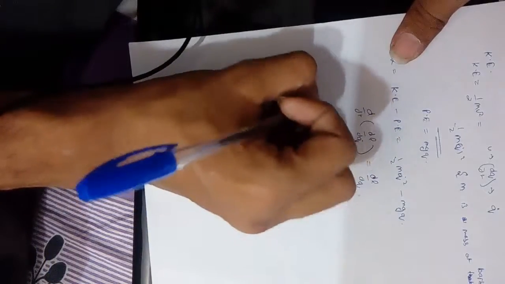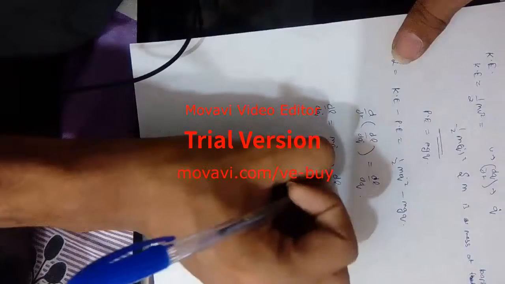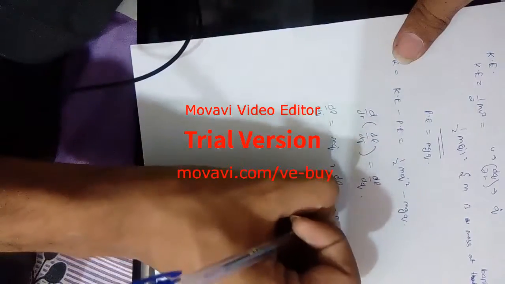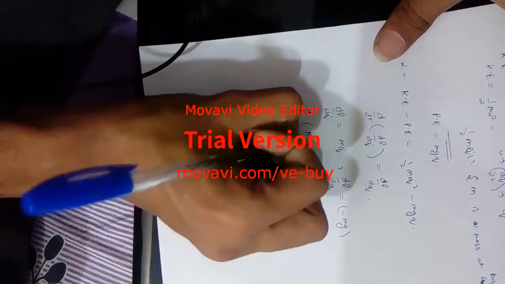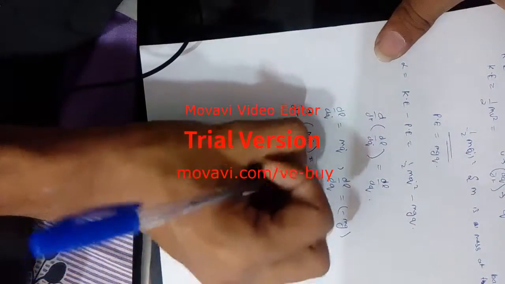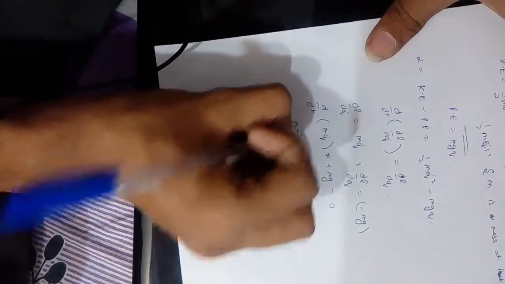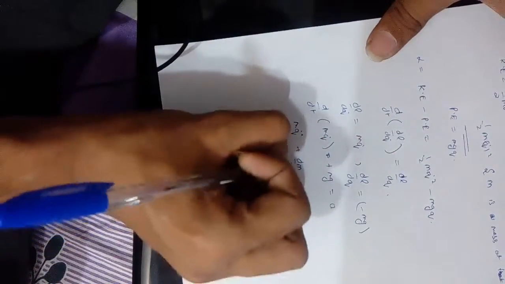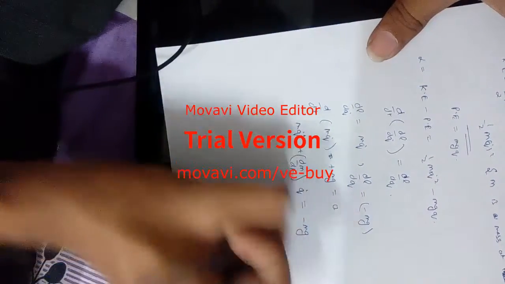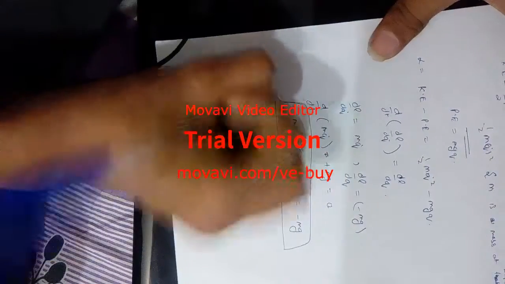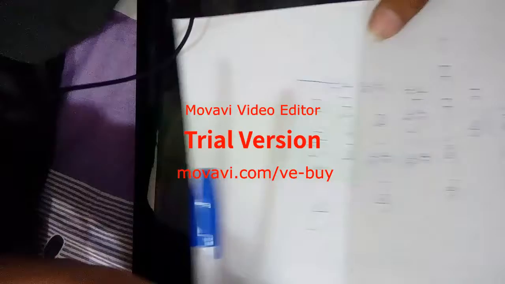So dL by dq dot equals m q dot and dL by dq equals minus mg. Therefore d by dt of m q dot plus mg equals 0, and m q double dot plus dm by dt of q dot equals minus mg. This is the equation we have got from Lagrange's equation.